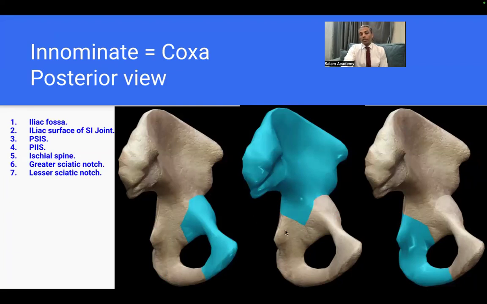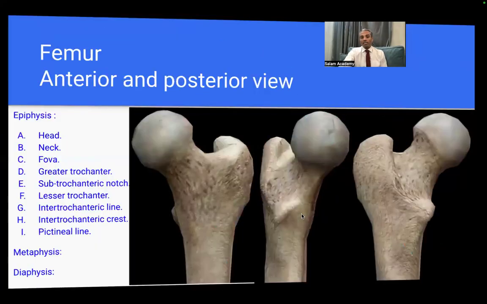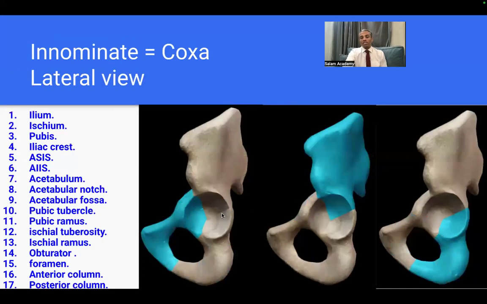We will see later that this upper part is the most important part that transmits the body weight. We'll talk about the role of the femur and ilium, especially in transferring these loads from the body downward and from the ground reaction force from the ground upward.